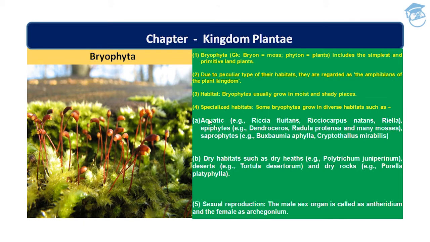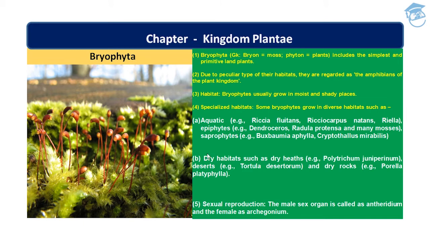As I said, they have diverse habitats such as aquatic, for example Riccia and Ricciocarpus, epiphytes such as Dendroceros, and saprophytes such as Buxbaumia aphylla.